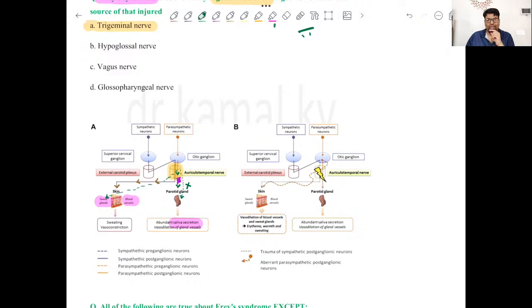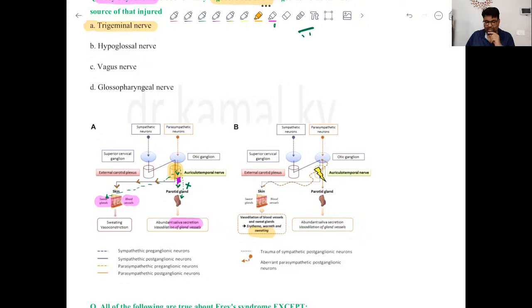Rather than going to the parotid gland, it is going to the sweat gland, and since it is carrying the signal of secretion, if it would have gone to the parotid, it would have led to saliva secretion. But now since it is going to the sweat gland, it will secrete sweat, and therefore patient will develop sweating whenever there is eating of food, right?